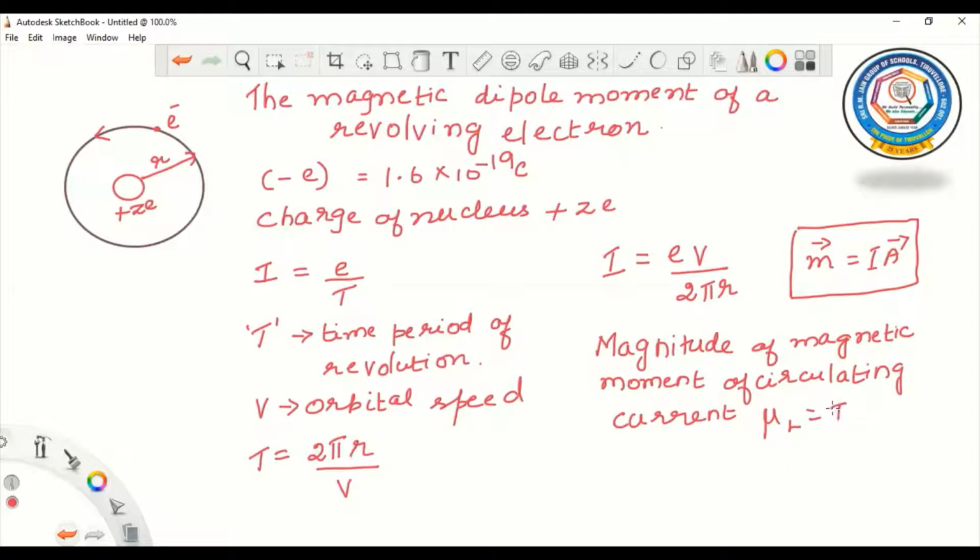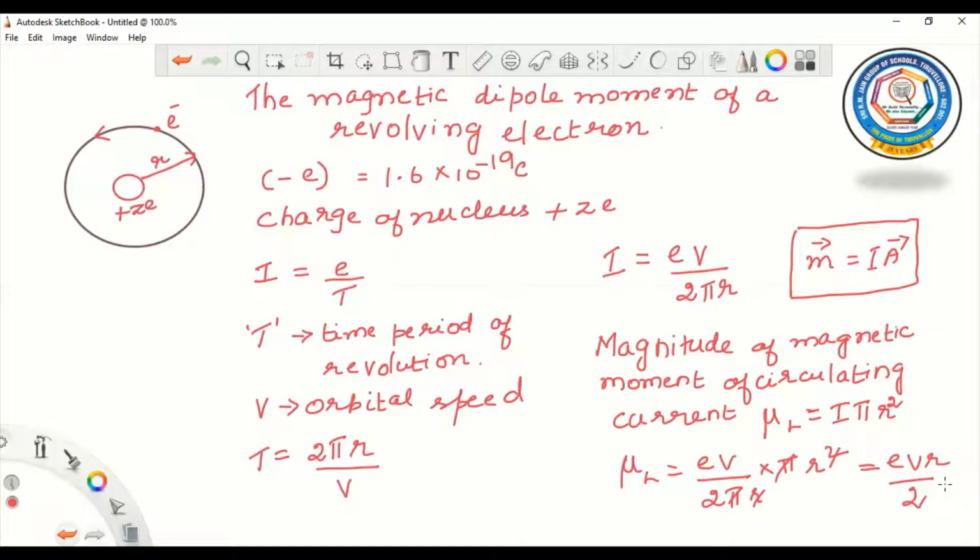What is A here, children? A is nothing but pi r square. Substituting, mu L is equal to eV divided by 2 pi r, into pi r square. The pi and pi cancel, r and r cancel, so I will get eVr divided by 2.